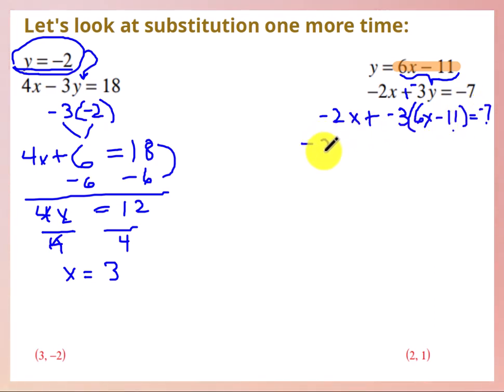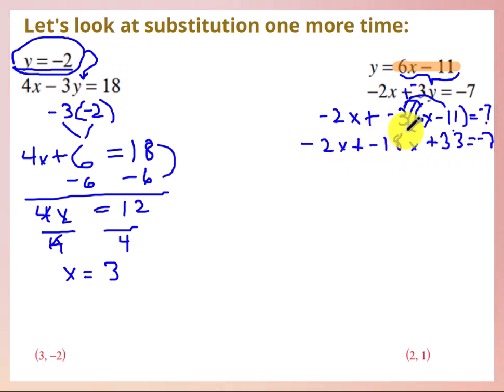Negative 2x, let's simplify. Let's distribute that negative 3 to the positive 6 and to the negative 11. So negative 3 times positive 6 is negative 18x. Negative 3 times negative 11 is positive 33 equal, we have that negative 7 on the right.